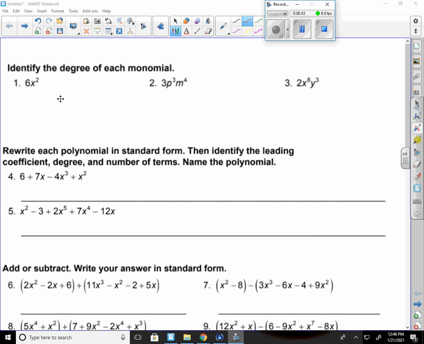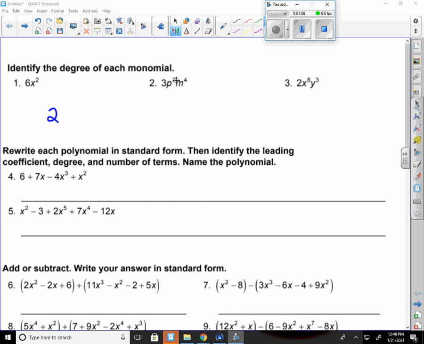Identify the degree of each monomial. So remember, if we have variables, all we have to do is take the degree of the variable. If it's a single variable, in this case it's x to the second, that tells us that this is a degree of 2. In question 2, we have two different variables with two different exponents. So p to the third and m to the fourth.